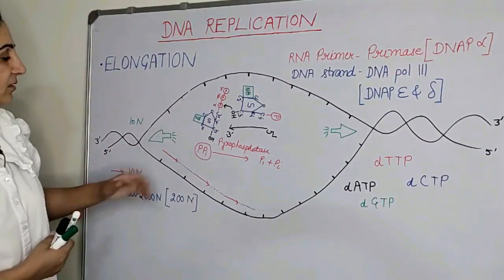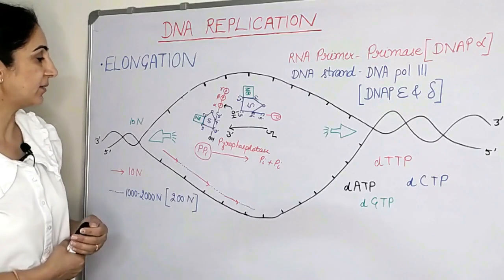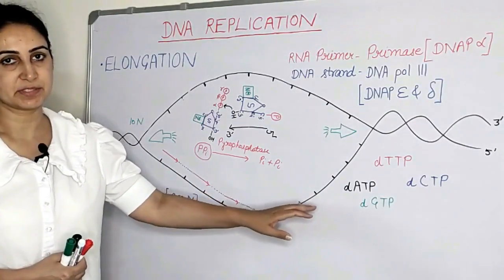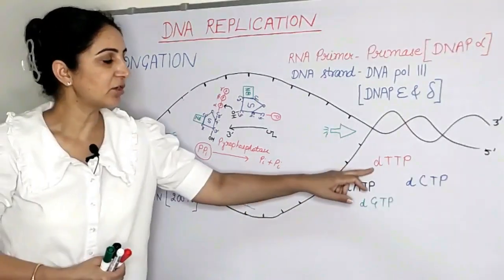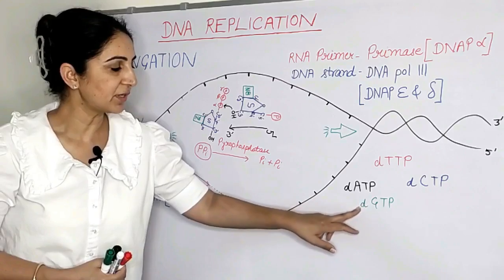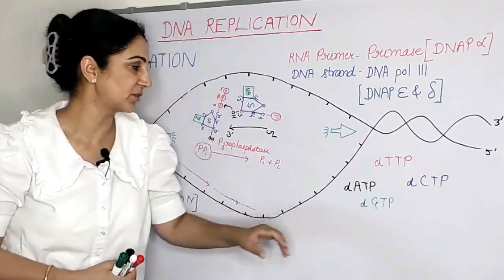Let's see it again. When we synthesize the DNA strand, the raw material is always in the form of triphosphates. So these can be deoxythymidine triphosphate, deoxyadenosine triphosphate, deoxyguanosine triphosphate or deoxycytidine triphosphate.